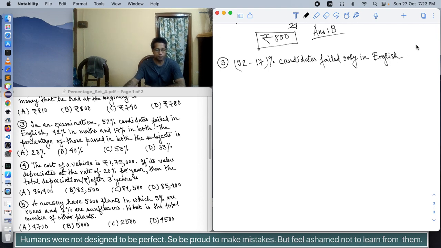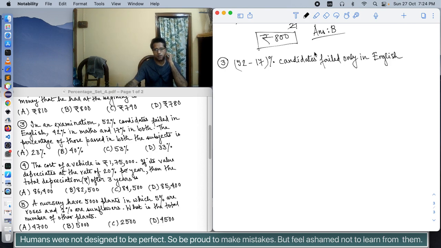In the problem, the 52% candidates are not the candidates who failed only in English. They are the candidates who failed in English, but in these 52% of candidates, some candidates may have also failed in maths.